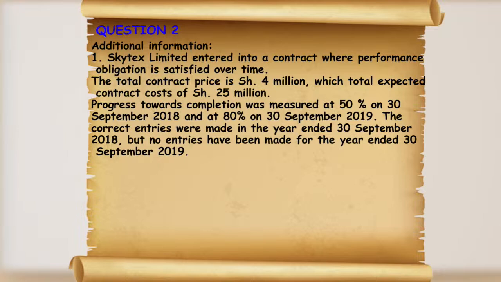And then we are told progress toward completion was measured at 50% on 30th September 2018. That is now the end of the previous year, and at 80% on 30th September 2019. That is now the end of the current year. And then you're told the correct entries were made in the year ended 30th September 2018, but no entries have been made for the year ended 30th September 2019.